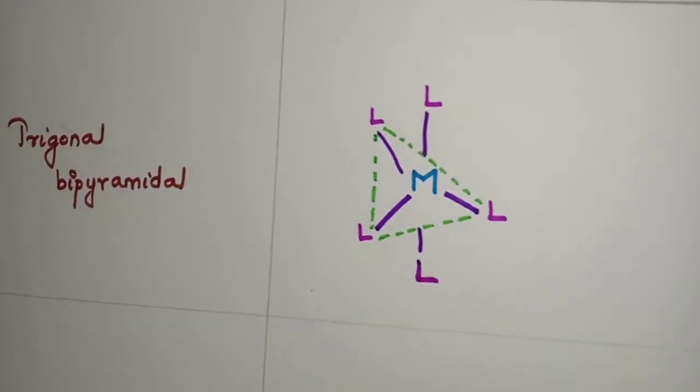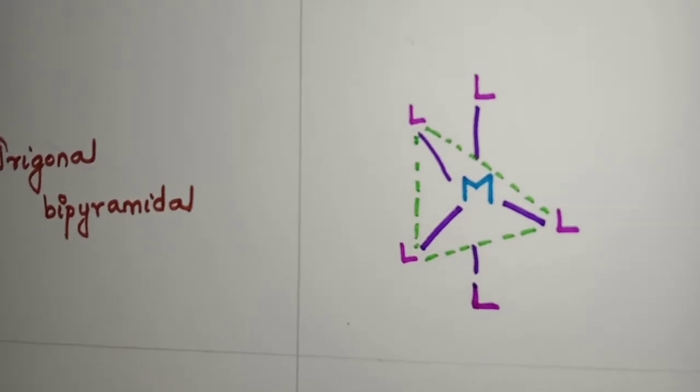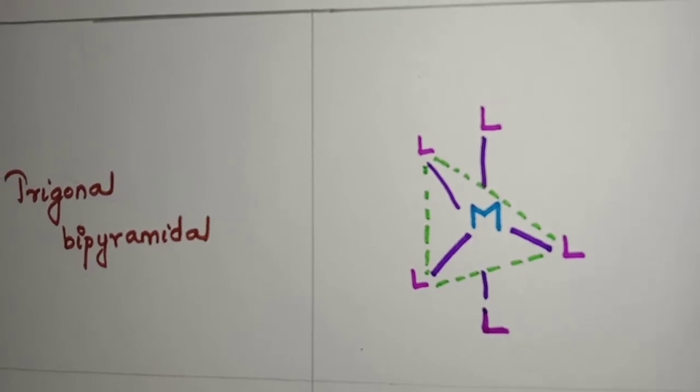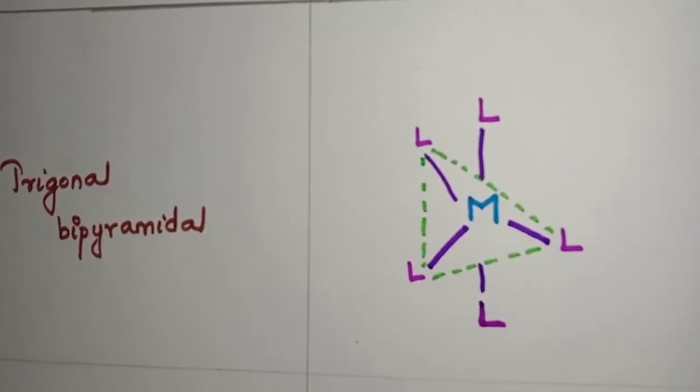So this structure is called, students, trigonal bipyramidal. Understood? Metal with 5 ligands, that is, coordination number is 5.